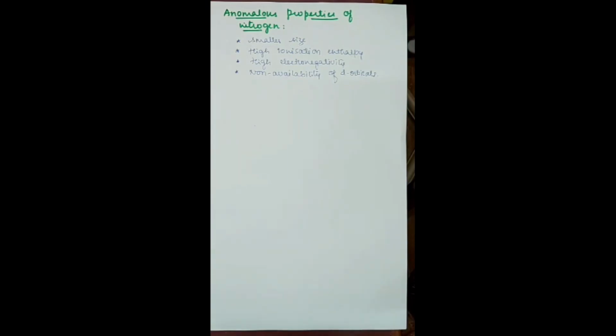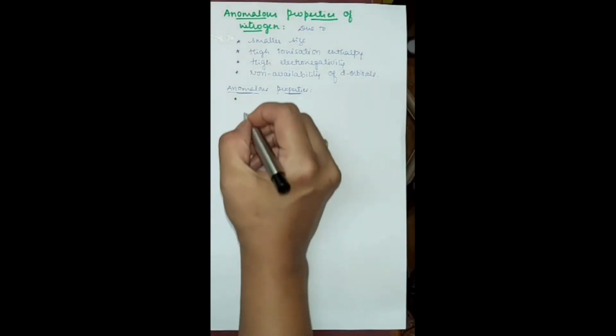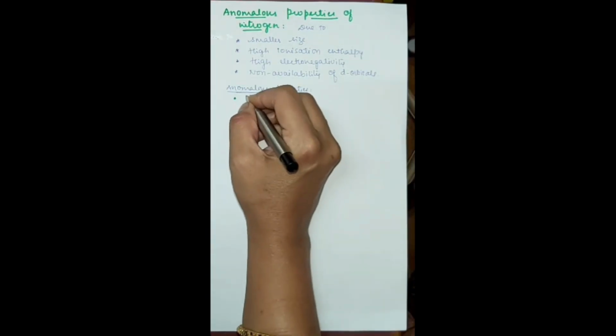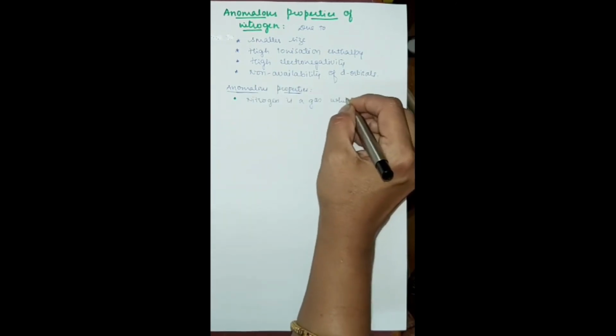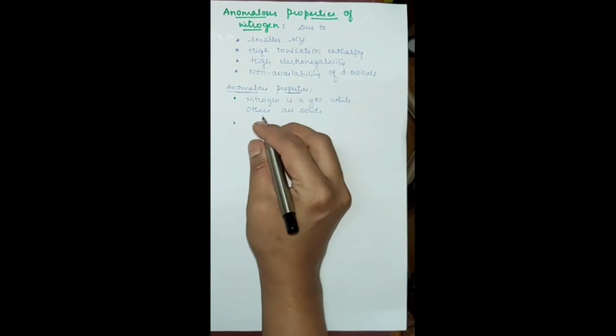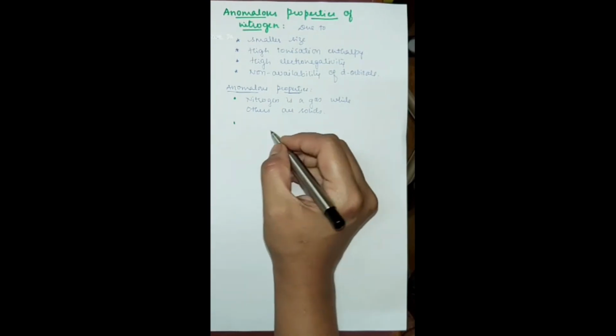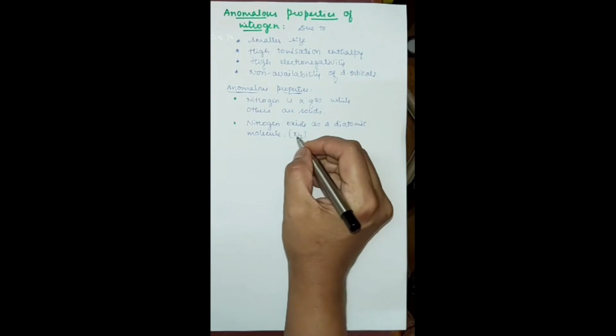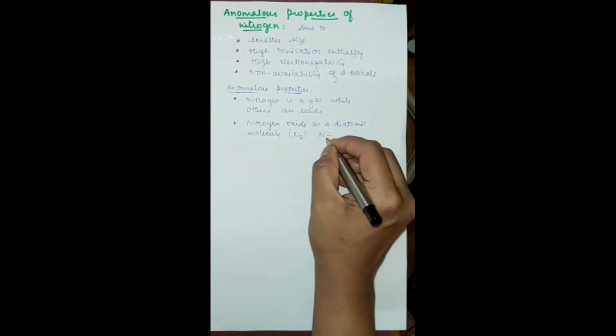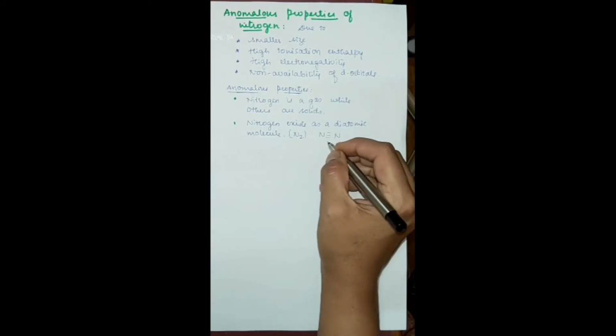So let us see what these anomalous properties are. The first anomalous property is that nitrogen is a gas while the others are solids, and nitrogen exists as a diatomic molecule, N2. There is a triple bond between nitrogen and nitrogen.